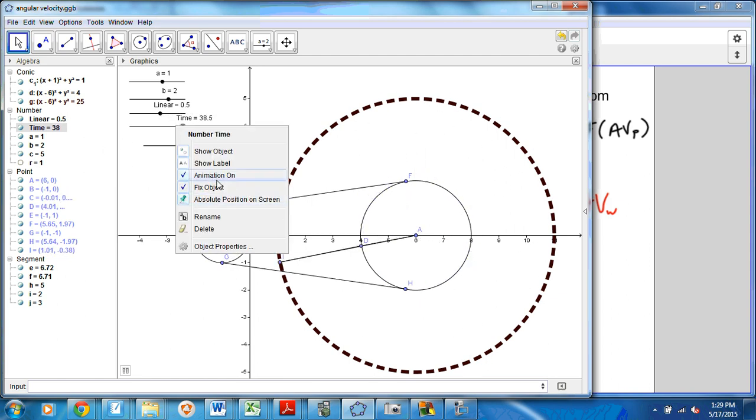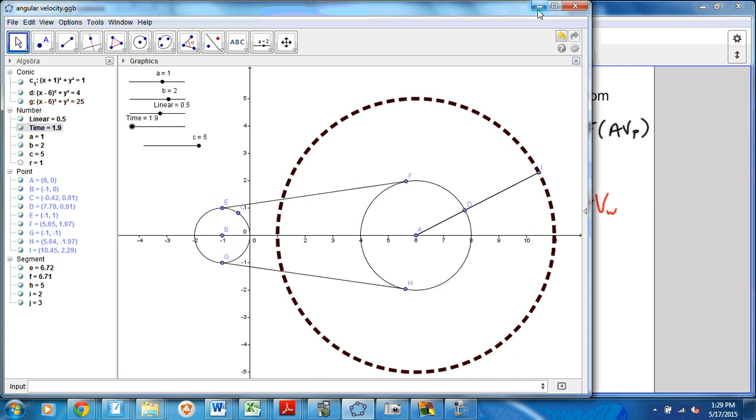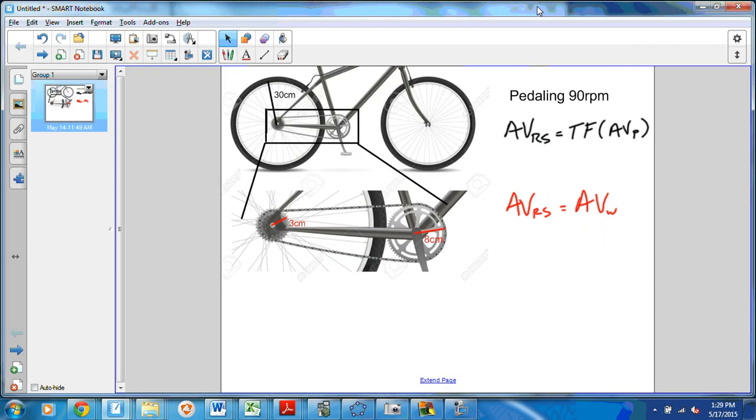So I'll stop that, and then we'll go through our bike situation here, which I've created, and just tried to find some images that show our situation, that I have now a bigger pedal and a smaller rear sprocket. We'll say the pedal has a radius of 8, rear sprocket has a radius of 3, so there is a transmission factor other than 1, and then the radius of the tire is 30 centimeters.